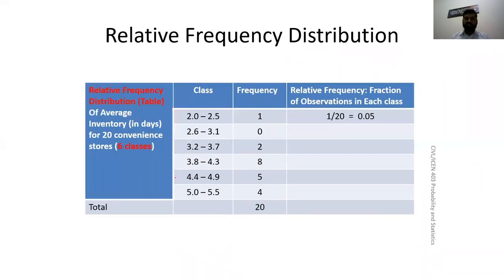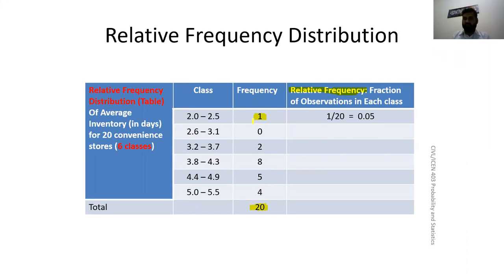Another thing related to frequency distribution is called relative frequency. What is relative frequency? Relative frequency is the fraction of observations in each class. If I want to compare how much fraction is here as compared to the total, what is the percentage, the fraction of each class?